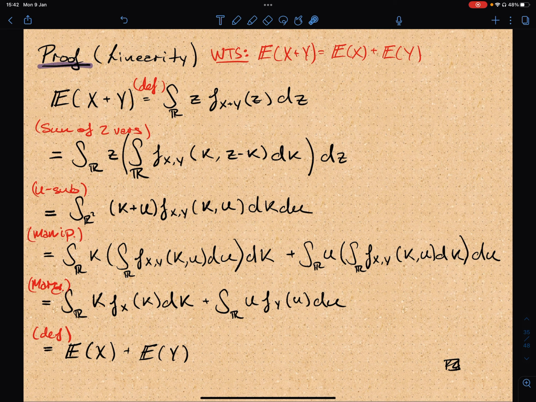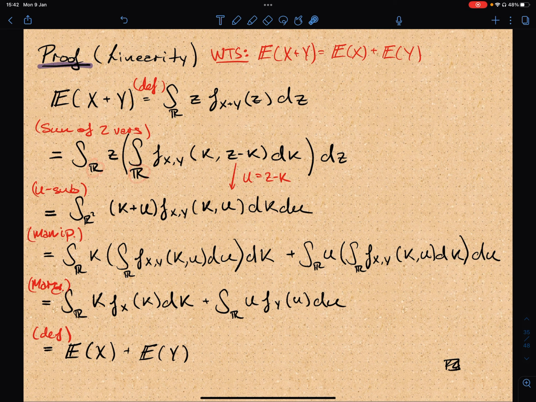Now we have written things in terms of the joint density function, and here I'm going to do a u substitution, where u is equal to z minus k. Additionally, note that the domains of integration are both the whole real line.